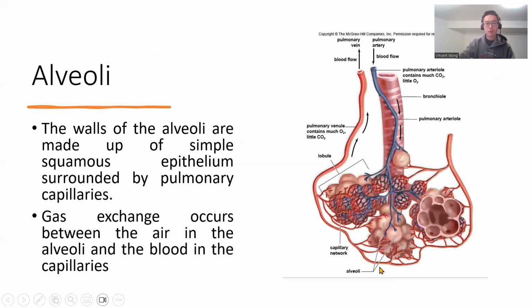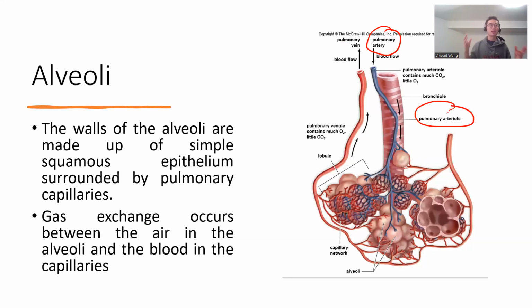So this is a closer look at the alveoli. You can see the pulmonary artery takes the blood from the heart to the lungs. And when it gets to the lungs, it becomes smaller pulmonary arterioles, and ultimately it becomes the capillary that surrounds these clusters of alveoli.